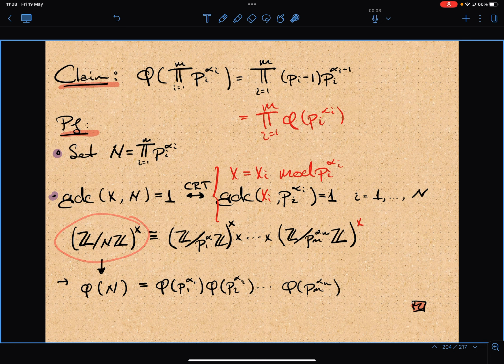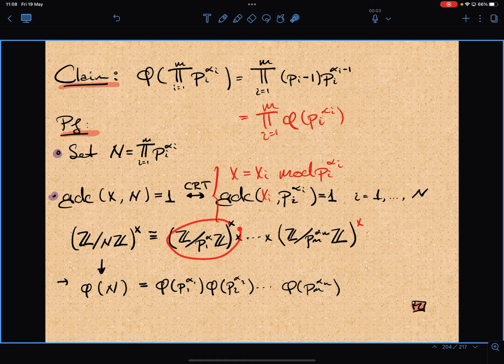So the elements that satisfy this condition. And by the Chinese remainder theorem, if you have an element in this set and map it to this set using the map from the Chinese remainder theorem, then you're going to satisfy this condition for each of its components.